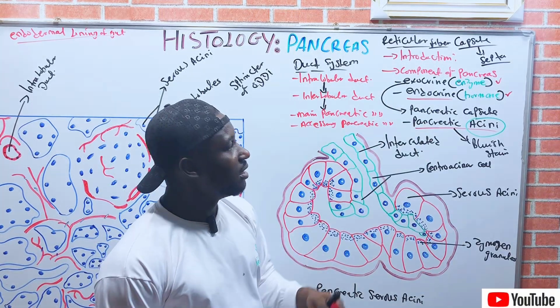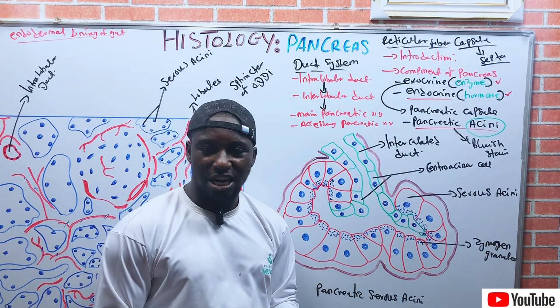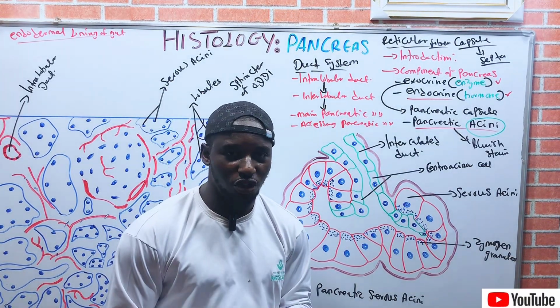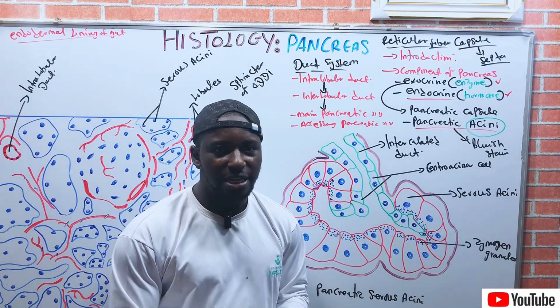So those are the features of the endocrine component of the pancreas. The next are the cells that are responsible for hormonal production in the pancreas.